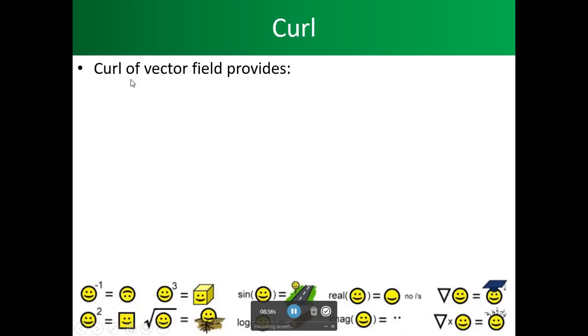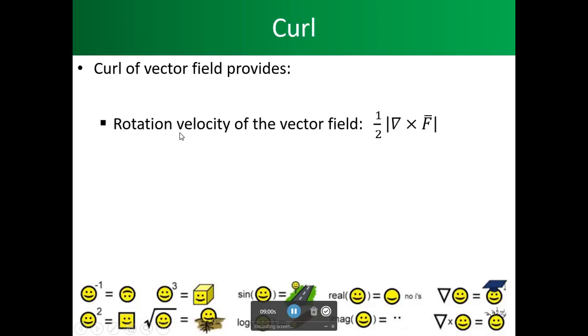Okay, so now we have the curl of a vector field, which provides the rotation of the velocity of a vector field. Notice we're using what? The absolute value. Remember, this is a vector field, and now we're converting this part: when we take the magnitude of it, we're converting it to a scalar.